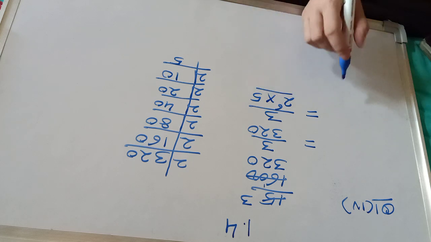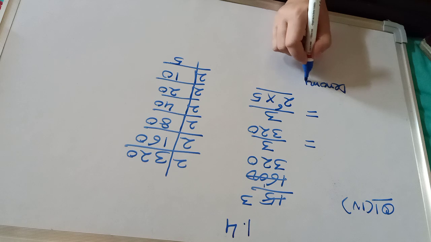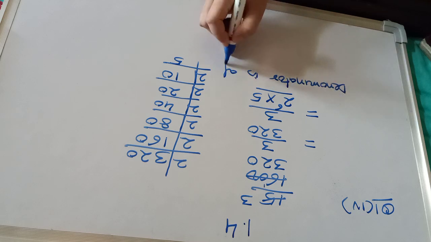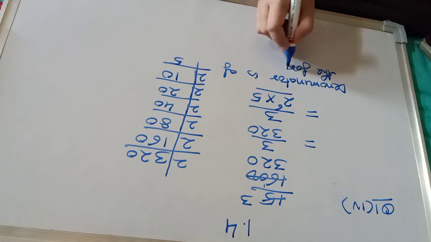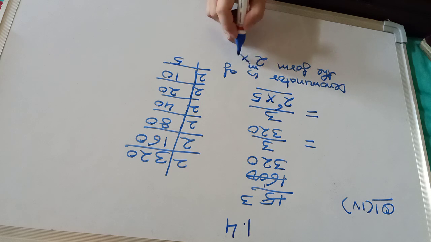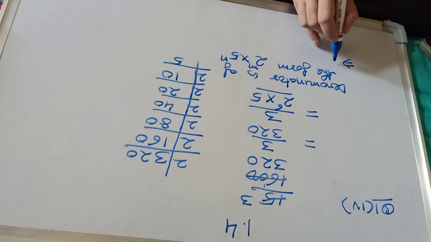It means the denominator is of the form 2 raised to power m into 5 raised to power n. And what does it mean?